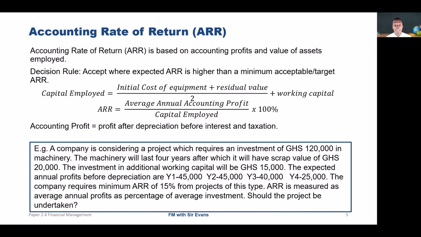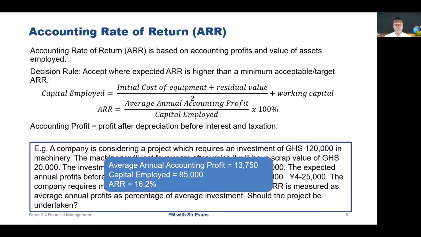So you deduct this 100,000 from the total profit before depreciation. You divide that by 4 to find the average annual profit, and that becomes what you put into your ARR formula. And when you do that, you are going to get an average annual accounting profit of 13,750, capital employed of 85,000, ARR of 16.2%.